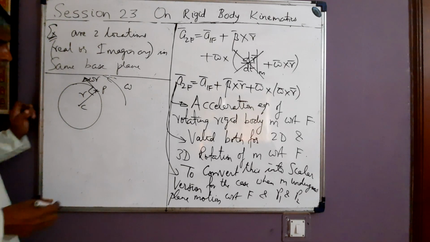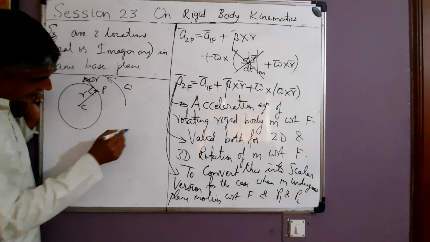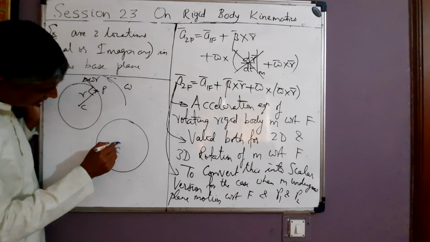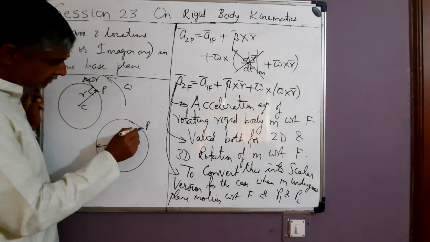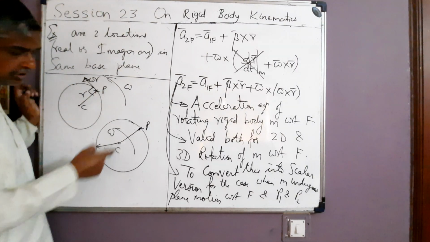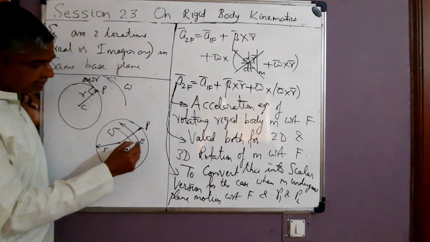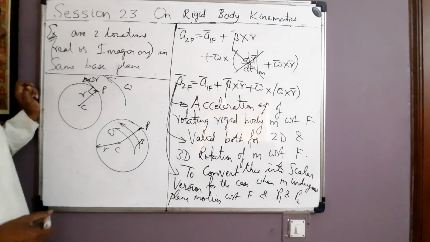So one more thing you must know. Suppose I draw C as the center of a circle, R is the radius of the circle, P is a point which moves in a circle. Suppose the angular speed of circular motion is omega, anti-clockwise, just assume for the sake of argument. Suppose the angular acceleration of circular motion is beta, that is also assumed to be anti-clockwise.